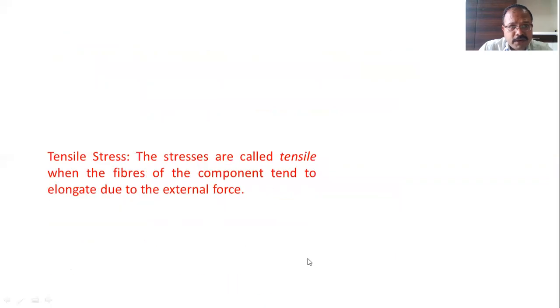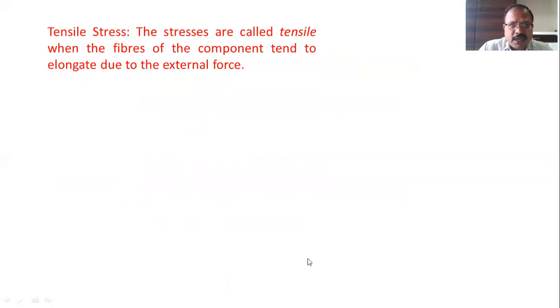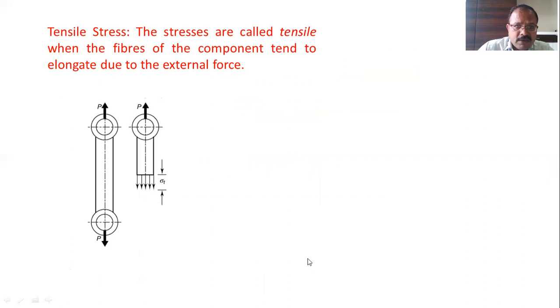Now talking about different types of stresses. First type of stress is tensile stress. When a mechanical component is subjected to a pull force along the axis of the component, then the induced stress is called direct stress, and the nature is tensile.